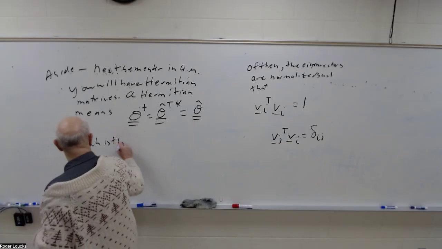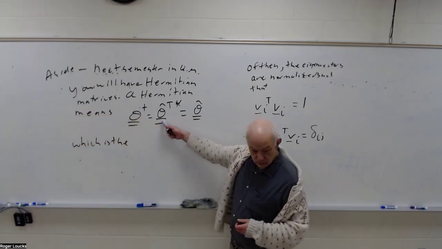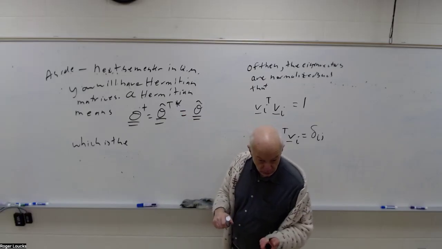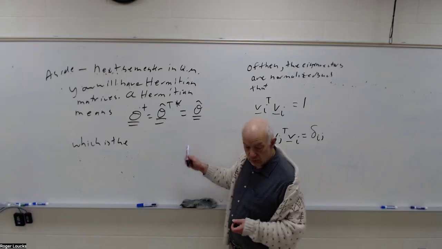The dagger is the transpose of the matrix followed by the complex conjugate, and if this equals the original thing, you call it Hermitian.